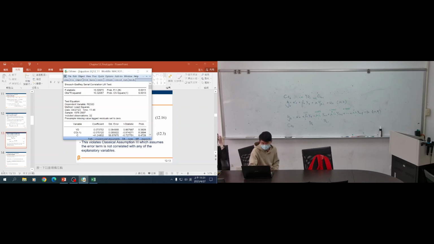The second suggestion is by sample size. If your sample size is small, the best approach may well be to continue to use OLS even in the face of serial correlation. Although we do have serial correlation problems in the dynamic model, we still use it if the sample size is small.